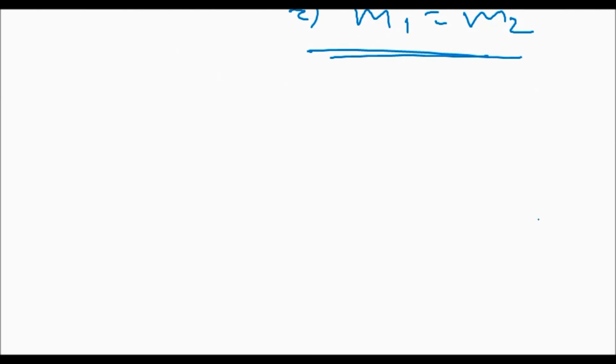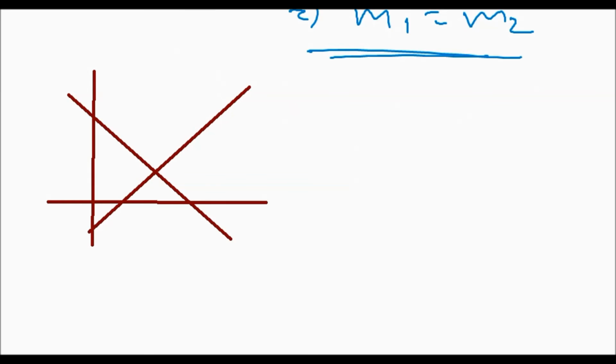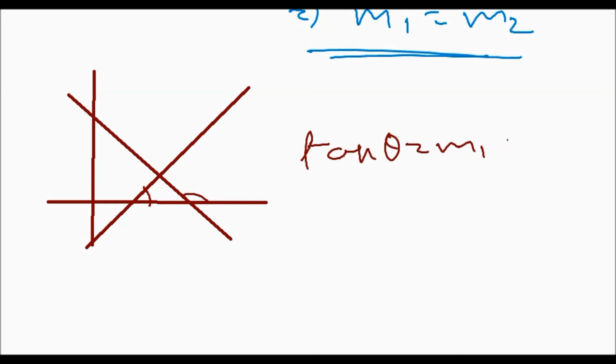Now if both the lines are perpendicular, here is a line and here is another line falling on this one. We know the formula tan theta is equal to m1 minus m2 by 1 plus m1 m2.